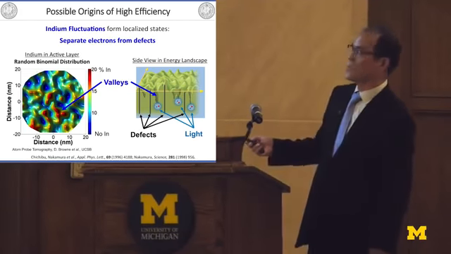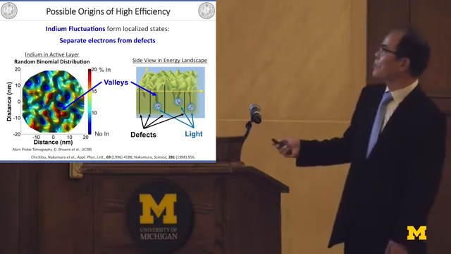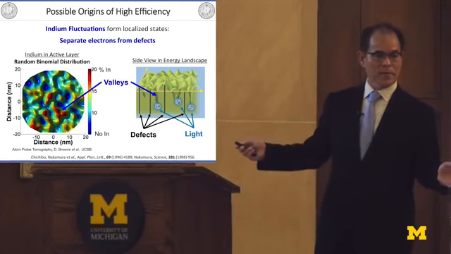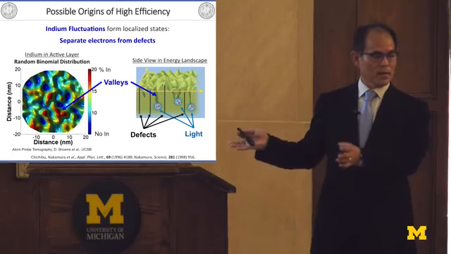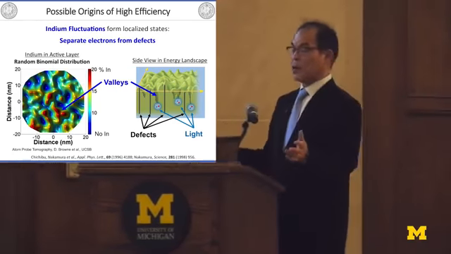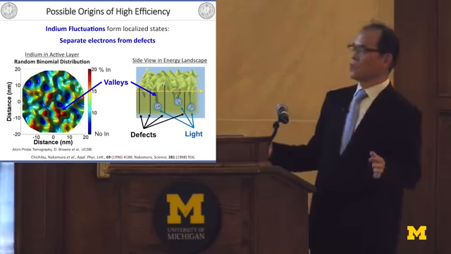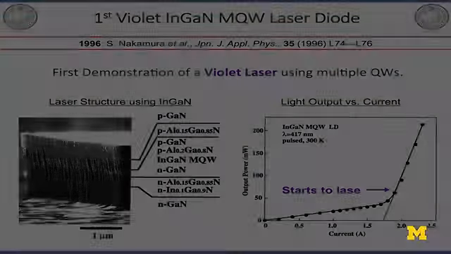Before they are captured by the defects, because the number of localized states is much larger than the number of defects, they easily get captured by the localized states. So that's the idea. The origin of the localized states we don't know exactly. One idea is indium segregation, but we don't know the exact reason.